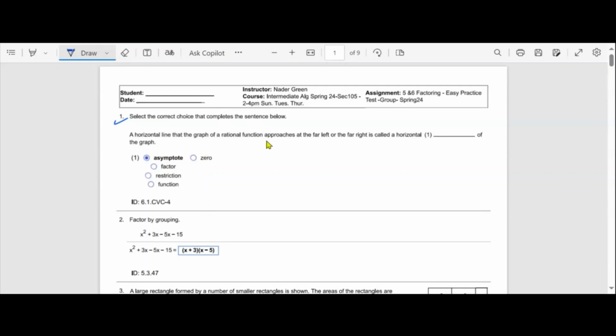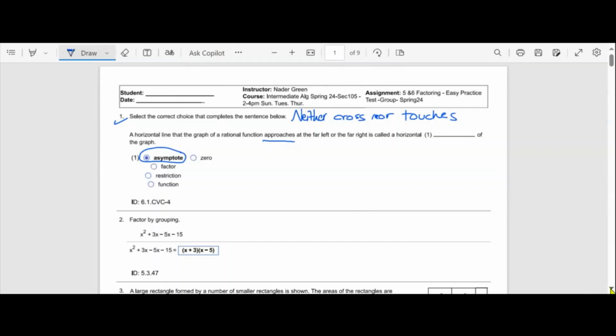So when it approaches but does not cross, neither crosses nor touches, we call it what? Asymptote. Very good. Is this clear?